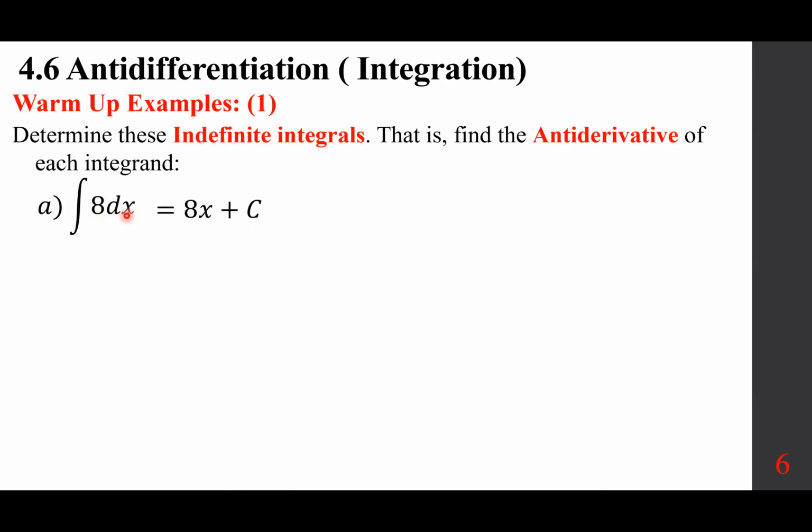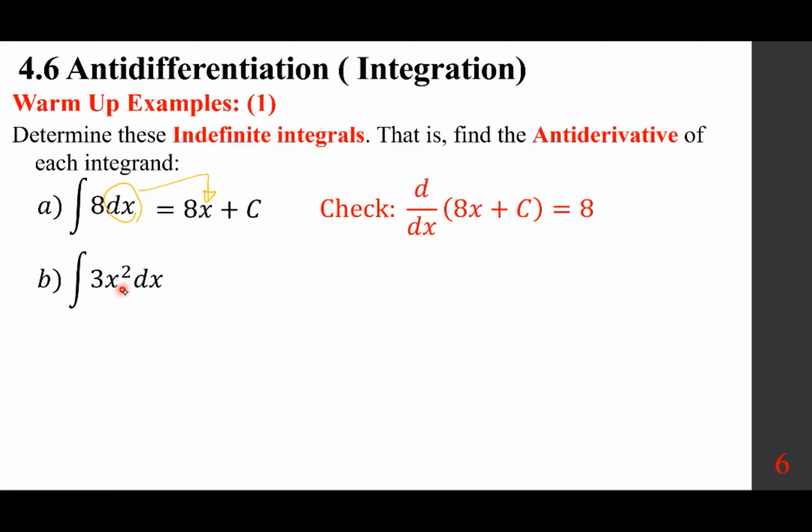And again, let's assume this was a t, then the answer would be 8t plus the constant. So this will tell us the independent variable is x. So this is dy. This is f prime of x dx. And we can check by differentiating the right side. It gives us the 8.